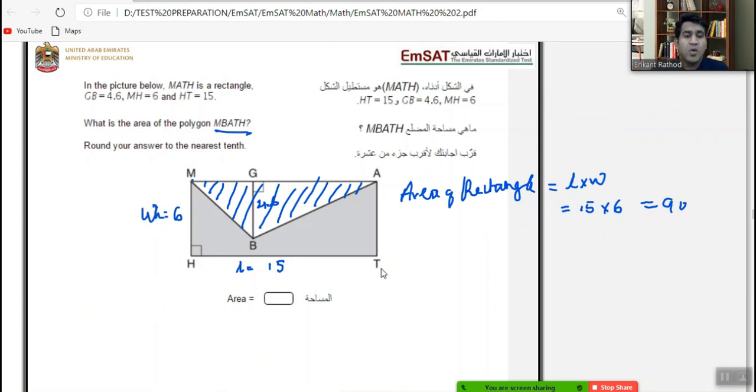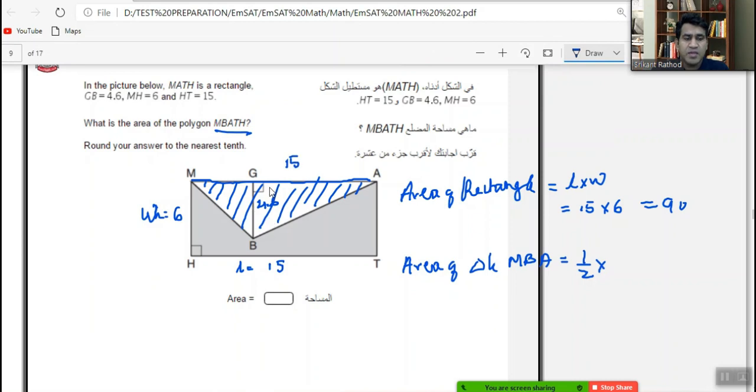Alright. Now what is the area of a triangle here? Which triangle are we forming here? Area of triangle MBA is half into base. Base is the entire length, basically MA. The length of MA will also be equal to 15, because in a rectangle opposite sides are equal in length.